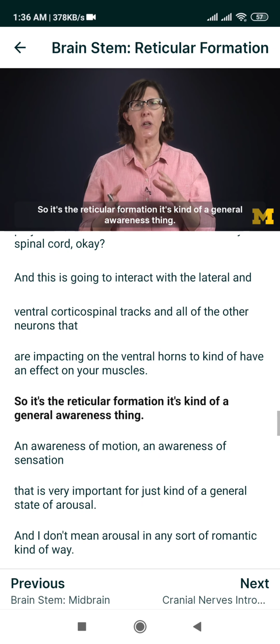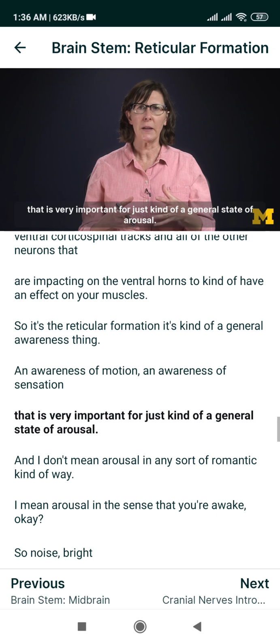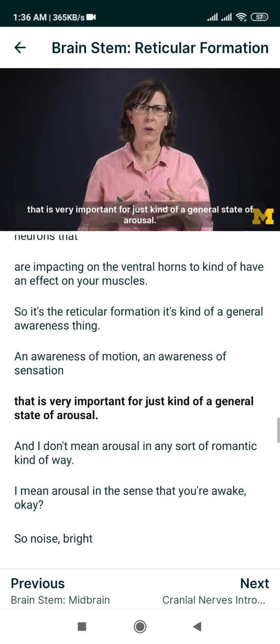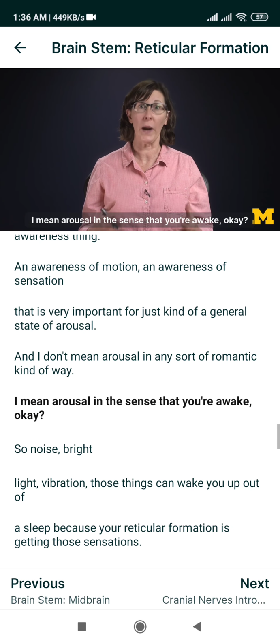So it's the reticular formation. It's kind of a general awareness thing, an awareness of motion, an awareness of sensation that is very important for just kind of a general state of arousal. And I don't mean arousal in any sort of romantic kind of way. I mean arousal in the sense that you're awake, okay?